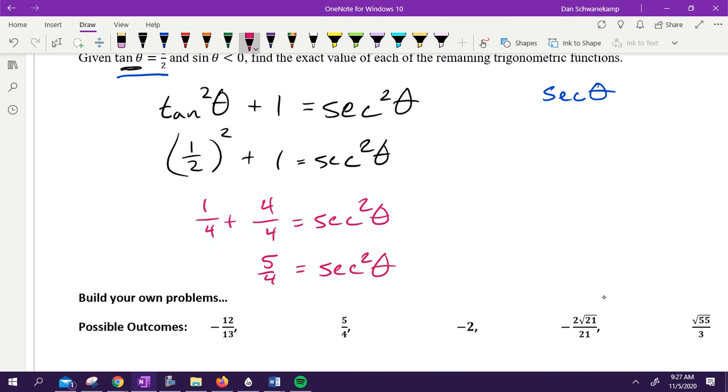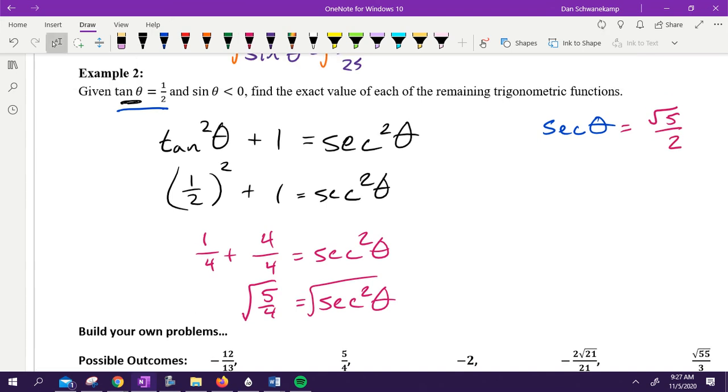Then I'm going to square root. The square root of 5 is the square root of 5, but the square root of 4 is 2. Is it going to be positive or negative? Let's play the quadrant game. Here's what I know. My tangent is a positive 1/2.